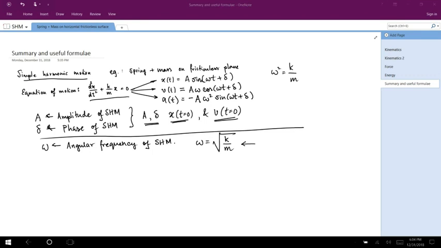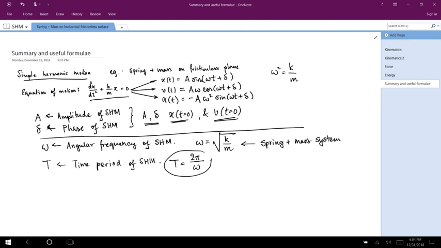Omega equals square root of k over m is specific to the spring plus mass system. Another important variable one can talk about is the time period of SHM, or time period of oscillations for the SHM, and T equals 2 pi over omega.